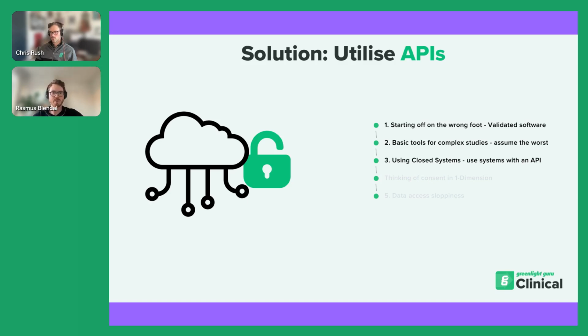If your systems are using APIs, there's an option to have a CGMS that you like, an EDC that you like, and maybe even finding a core lab that you like working with, and then having it all play together. It can remove manual need for transcribing from the core lab.